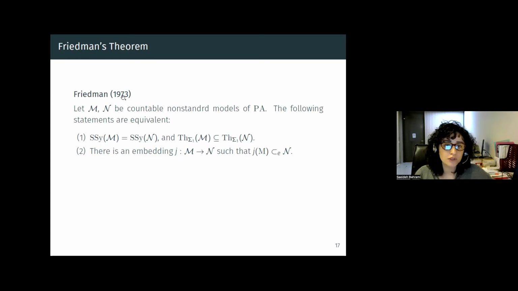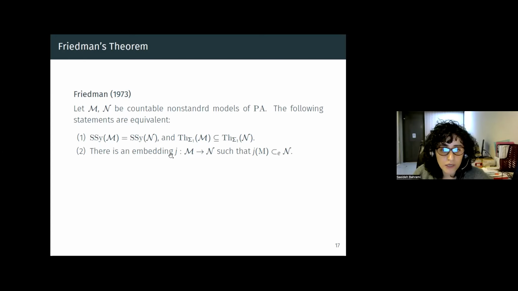In 1973, Friedman proved a remarkable theorem that says that whenever we have two countable non-standard models of PA, the necessary and sufficient condition for embedding M into N in a way that the image of J is an initial segment of N is that they have the same standard system and the same Σ1 theories.